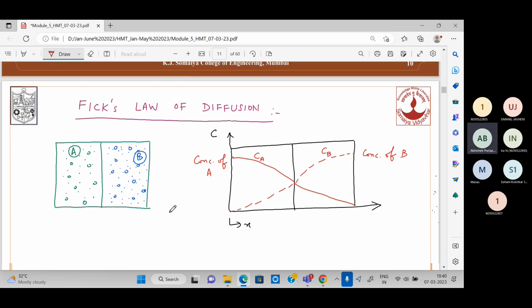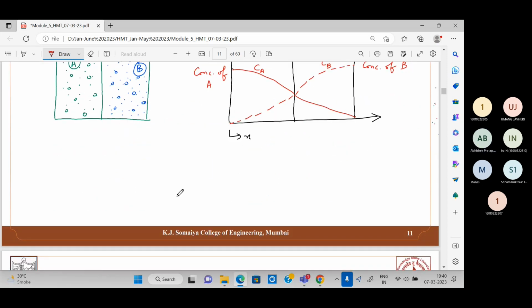We will write: in a gas mixture, the mass flux of a constituent per unit area is directly proportional to the concentration gradient.